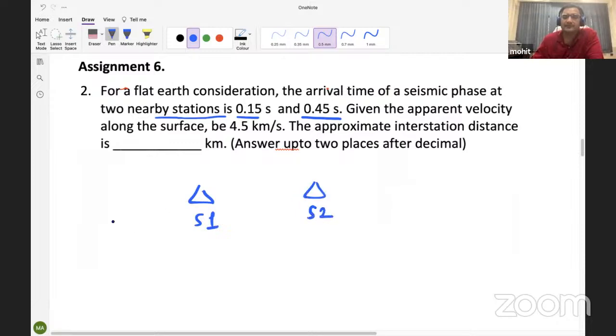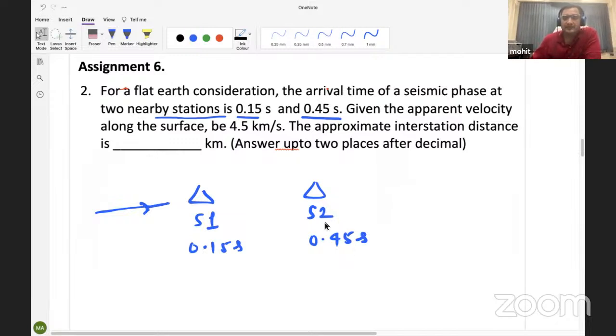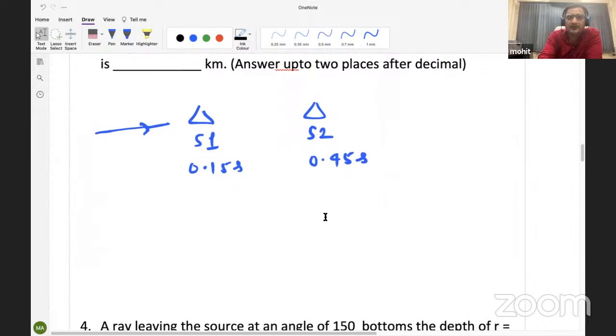So a seismic wave is coming like this, maybe. So at first station, it is reaching at around 0.15 second. At another station, it is reaching at around 0.45 seconds. Okay, and apparent velocity along the surface is also provided.